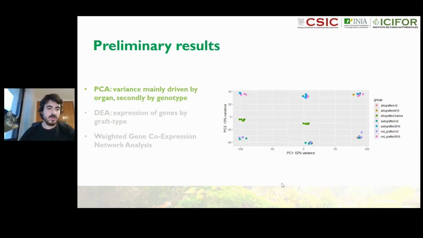Within the preliminary results, we have the PCA just to check which variables have more strength in the variance of the data, which are primarily the genotype and secondly the variant, the organ.